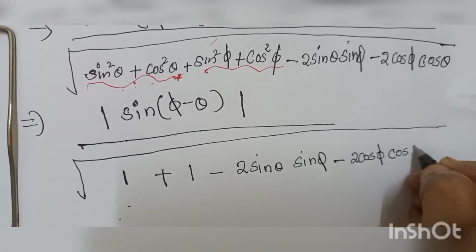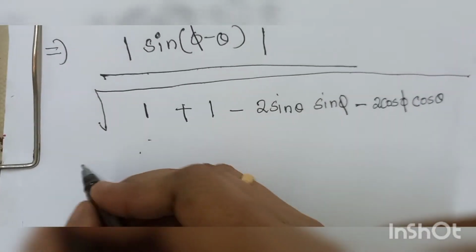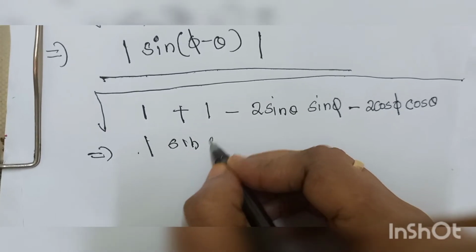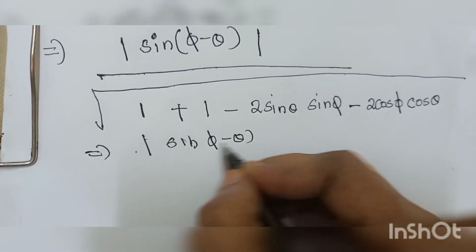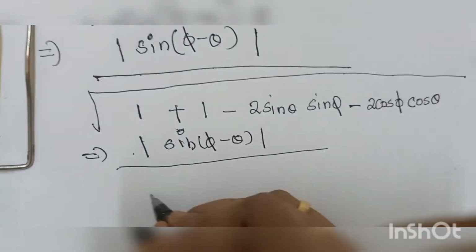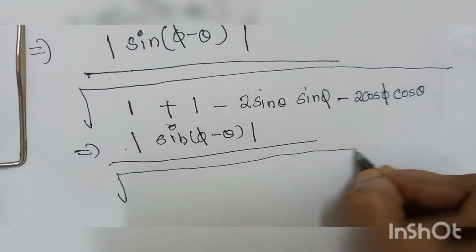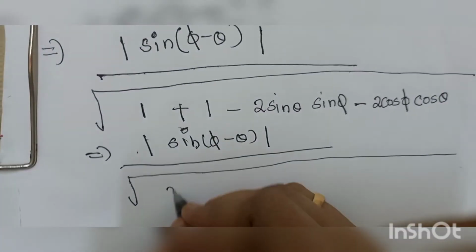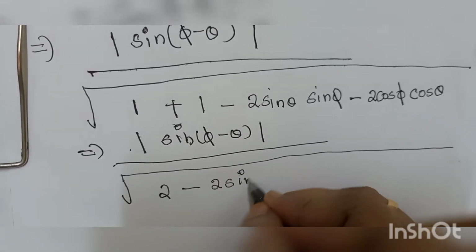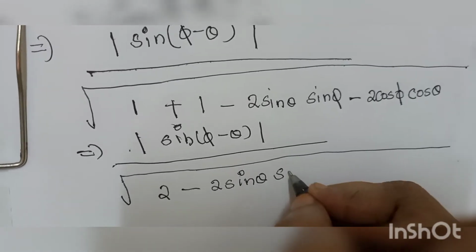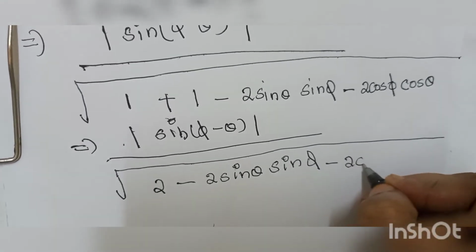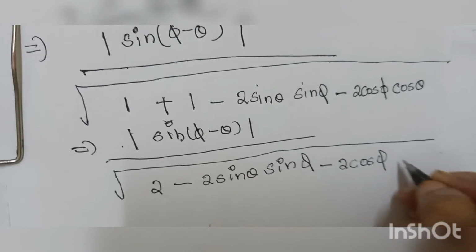minus 2 cos phi cos theta. Okay, so next step, which implies modulus of sin (phi minus theta) whole divided by under root of 1 plus 1, 2 minus 2 sin theta sin phi minus 2 cos phi cos theta.